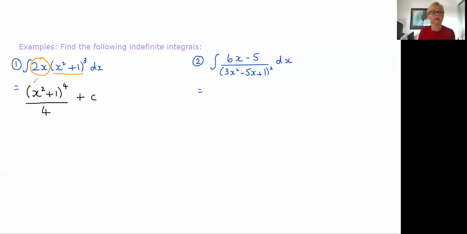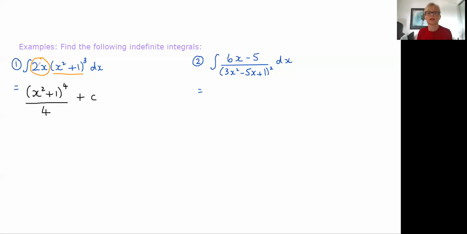People are saying, where did the 2x go? You've just forgotten about that. Well, no, I haven't forgotten about that. When you differentiate this expression, you get 4 times that cubed, so the 4's will cancel, and then you'll multiply by that 2x. So that's where the 2x is coming in there.